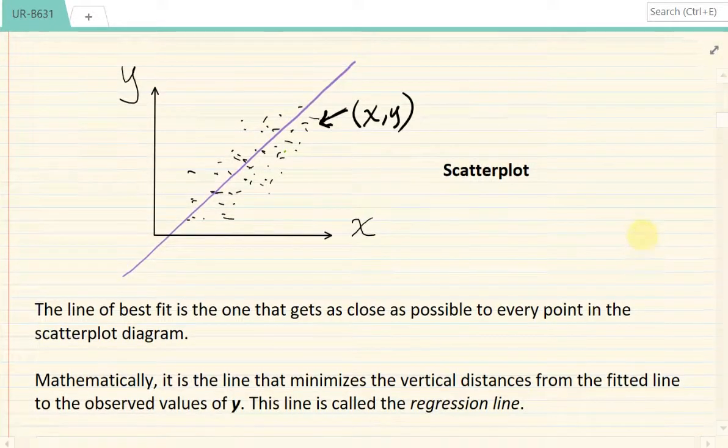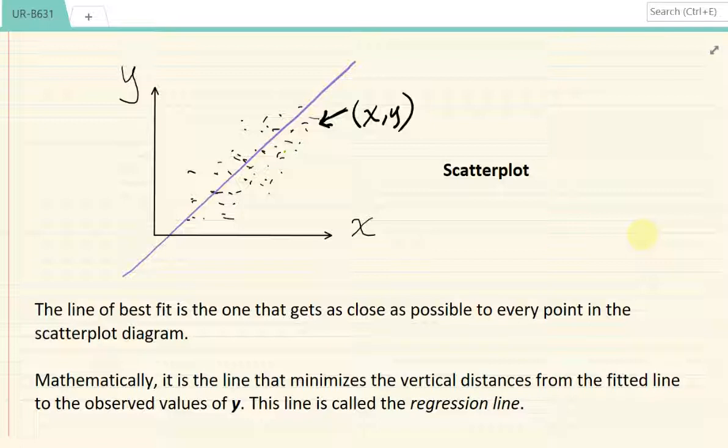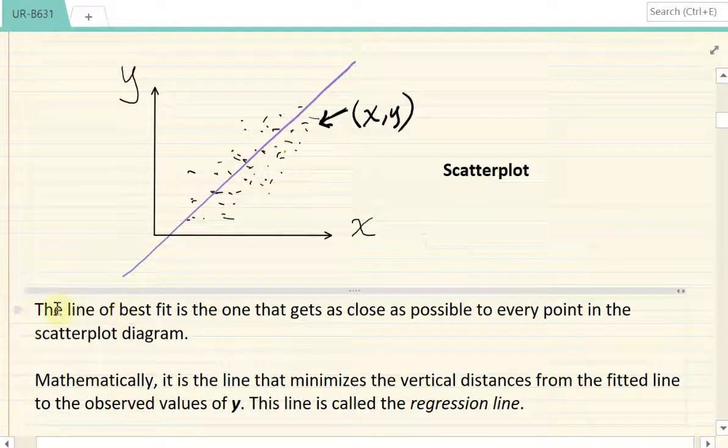We're going to look in a moment at the criterion we're going to select in order to call the best line of fit the best. Here's the idea behind the line of best fit. This is the criterion: the one that gets as close as possible. This is of course a non-technical criterion.